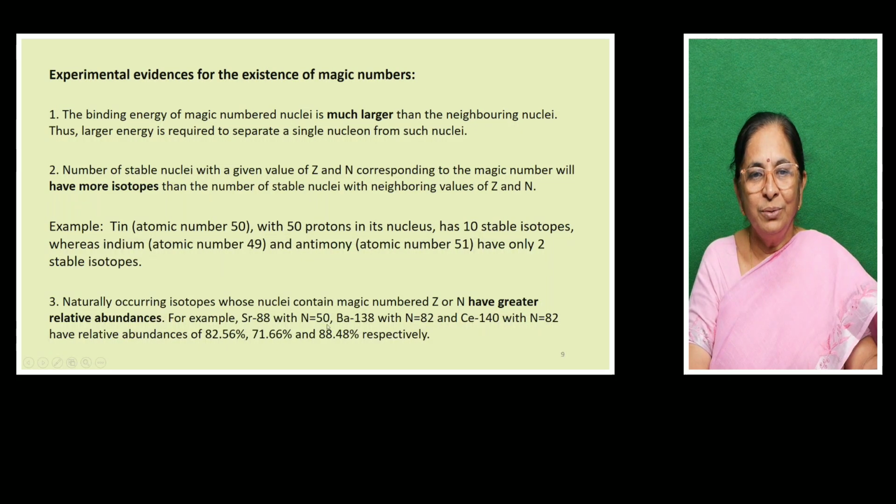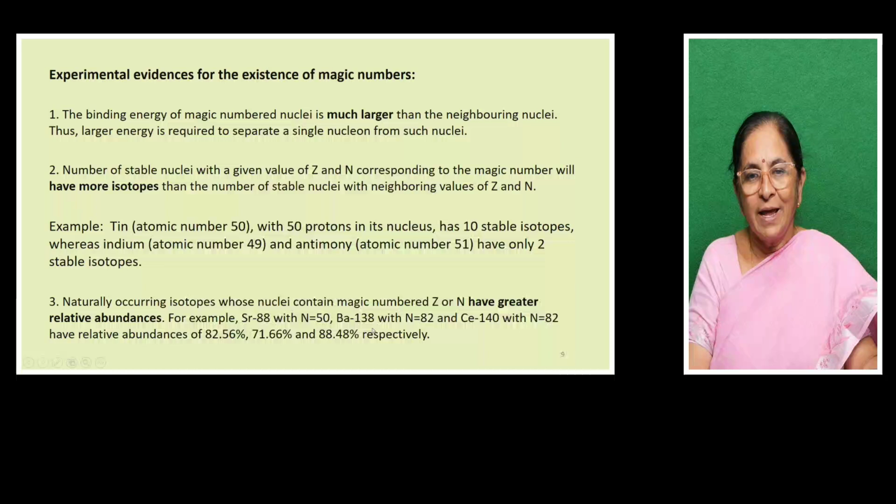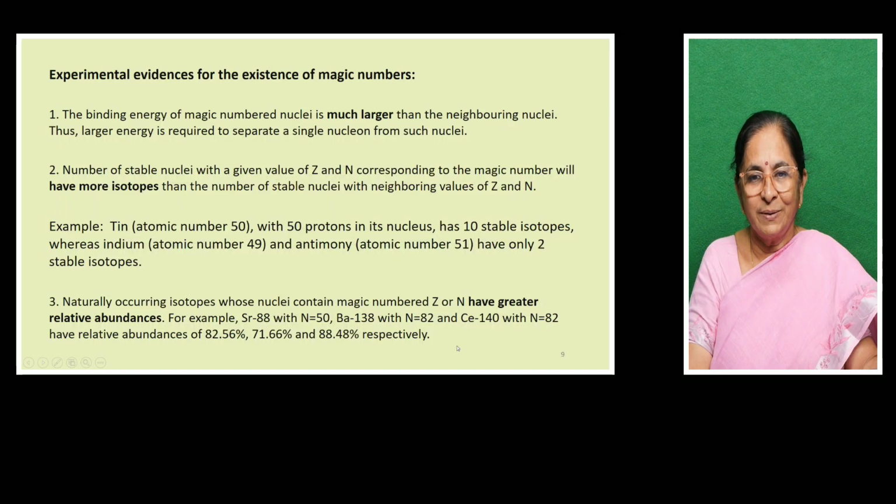So these elements like strontium, barium and cesium, whose proton or neutron number is one of the magic numbers, will be relatively more available in nature. The relative abundances of strontium is 82.56%, 71.66 and 88.48 respectively.